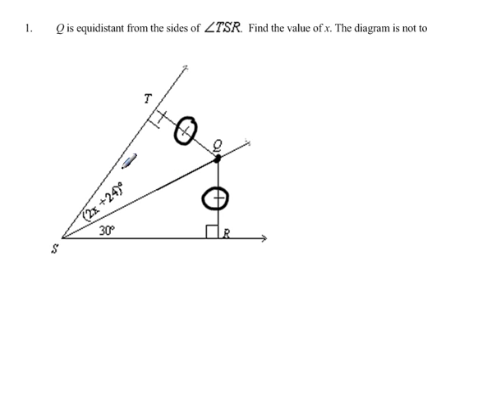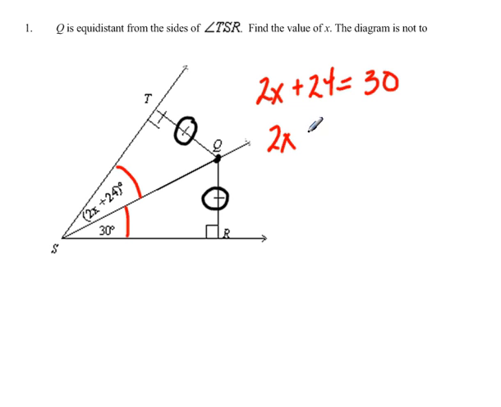If Q lies on the angle bisector, then angle TSQ is equal to angle QSR. So to solve, we would say 2x plus 24 would equal 30. These two angles are equal to each other. And from here we simply solve.